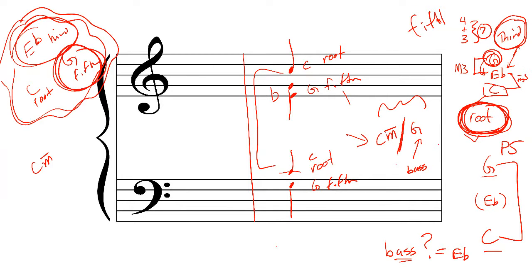Now that is called second inversion. Only when C is the bass note, in other words, I'll put C back in there, and now C is back to being in the bass, then we would call that root position. So there's three inversions of our triad. There's the root position when C is in the bass, first inversion when the third of the chord, E flat, is in the bass, and second inversion when the fifth is in the bass.